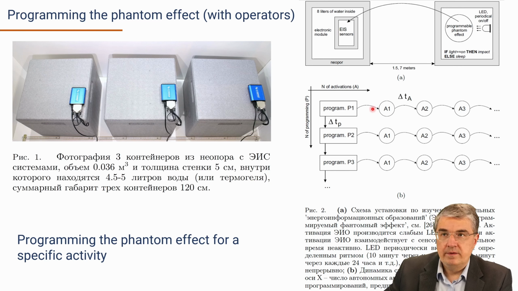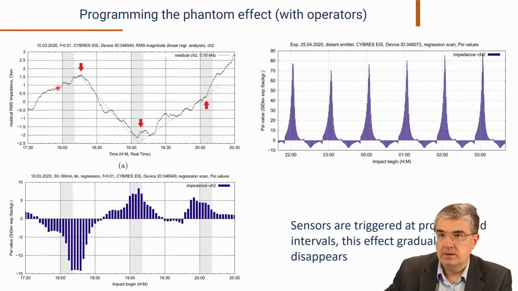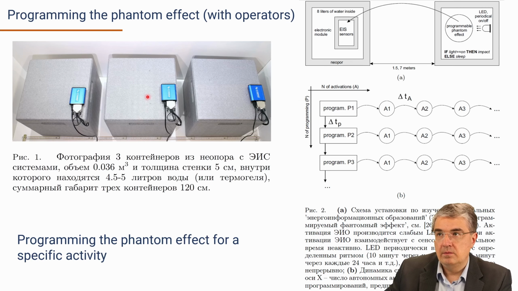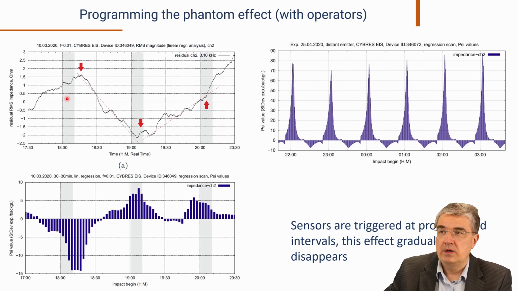And finally, if this object was programmed and the LED was on, we had this reaction in the sensors. We also tried to increase this distance. It worked quite well up to a specific distance, more or less. And these are typical reactions.